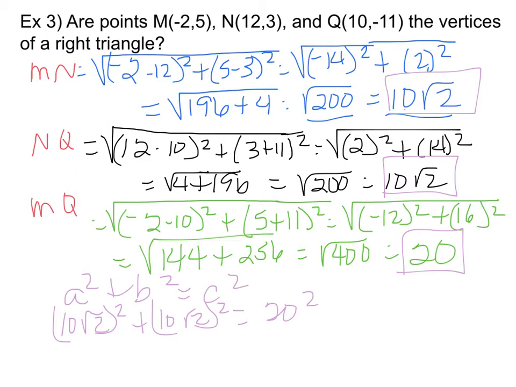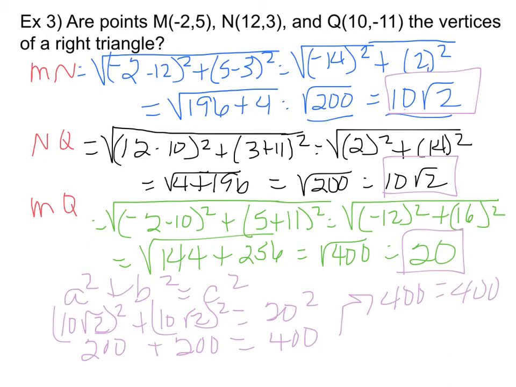Now I'm running out of room here, but I think we can see what's happening. 10 square roots of 2 squared is going to be 200. Oh my, and 20 squared is 400. So what's 200 plus 200? Aha! Does 400 equal 400?